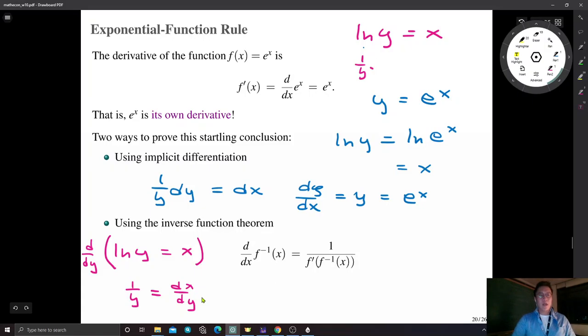That was the implication of the inverse function theorem: the derivative of the inverse is the reciprocal of the derivative of the original function. We found the derivative of the inverse, dx over dy, that is 1 over y. So the derivative of the original function is going to be y. So that is e to the power x.